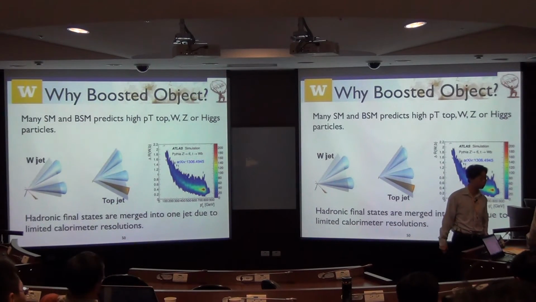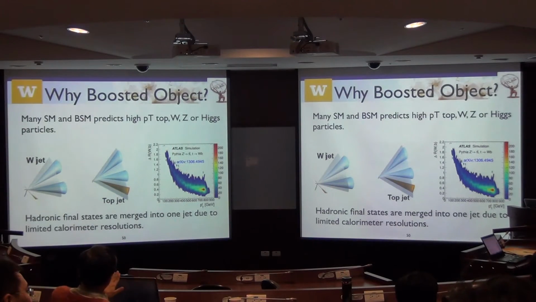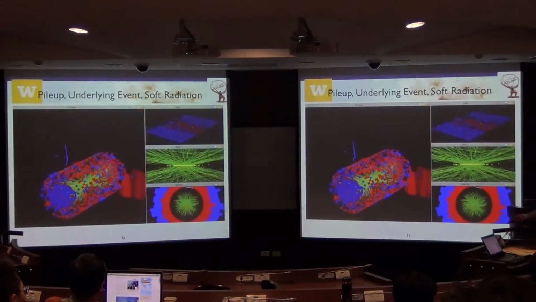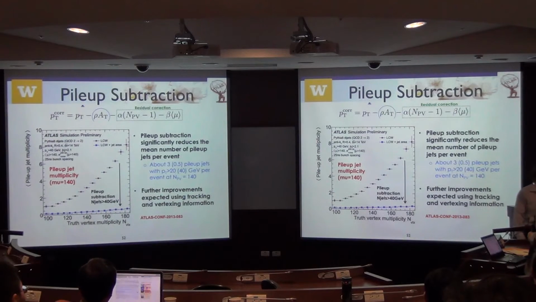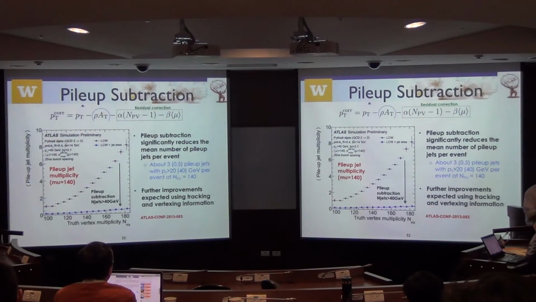Okay, that's it. Shanna? For the pileup, you mentioned that you do the area correction. The parameter rho is the density. Could it be energy dependent? Yes, right. So when you go to higher energy, this rho will change.